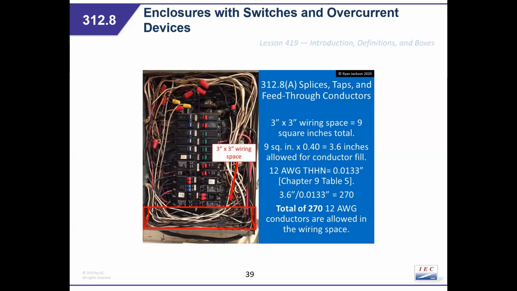So 312.8a, splices, taps, and feed-through conductors. Okay. So you can see the 3-inch by 3-inch wiring space is 9 square inches. Okay. So 9 square inches times 0.4, or 40%, is 3.6 square inches allowable for conductor fill.